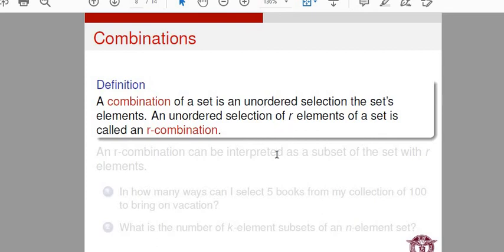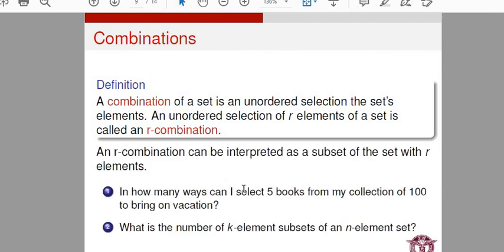So we don't have any order, it's unordered. Okay, unordered selection, that we call combination. So r-combinations can be interpreted as the subsets of the set with r elements. In many ways, that is the question we have.